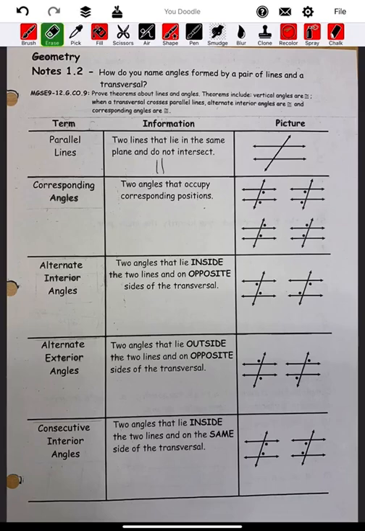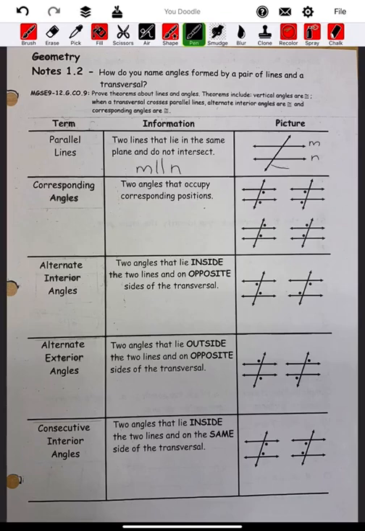We're going to go with M and N. So we're going to say line M is parallel to line N. These two symbols here mean parallel. So that means we're going to label this M and this N. Okay? So again, this will be labeled for you on your Google slide.